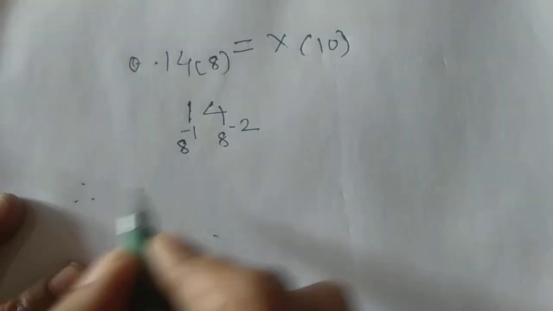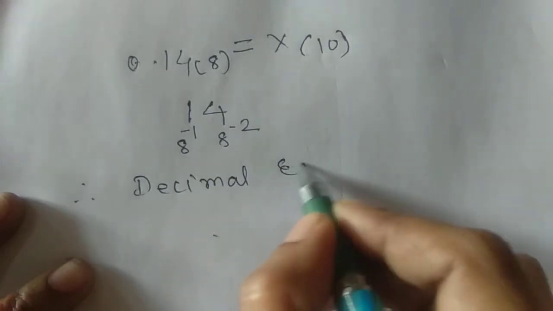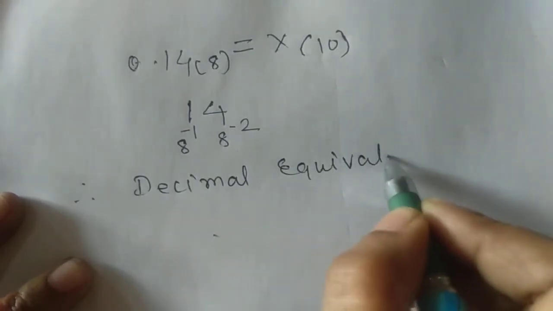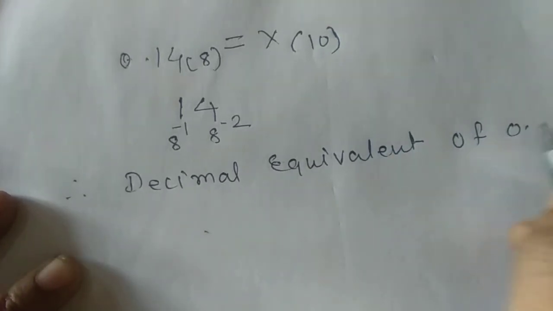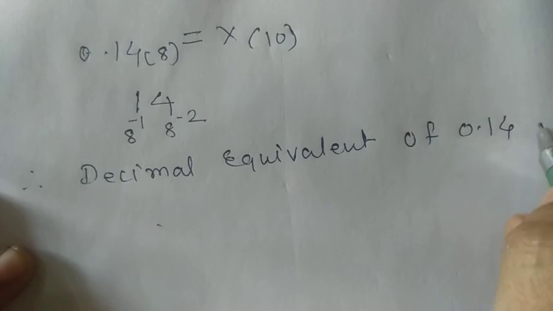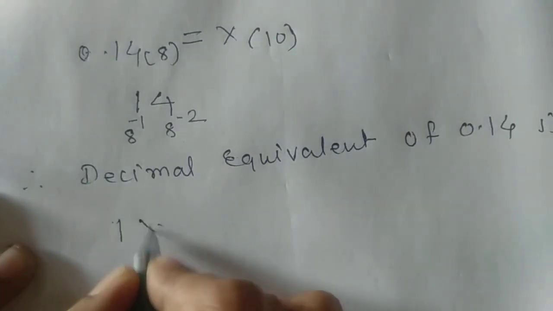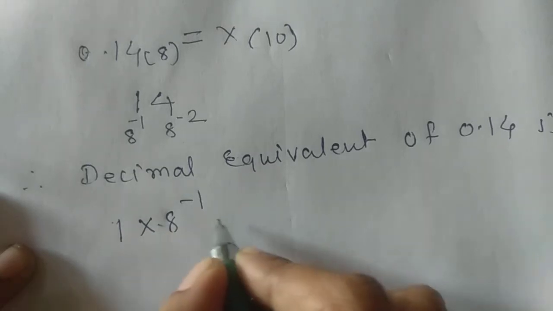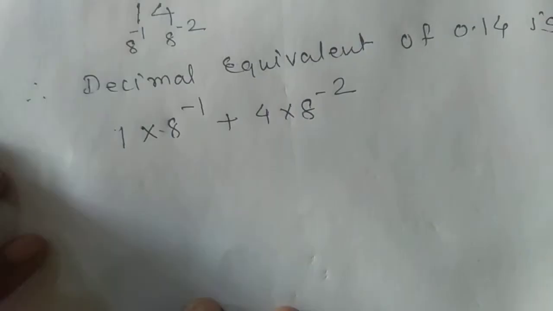Now I will write here the decimal equivalent of 0.14 is 1 into 8 raised to minus 1 plus 4 into 8 raised to minus 2.